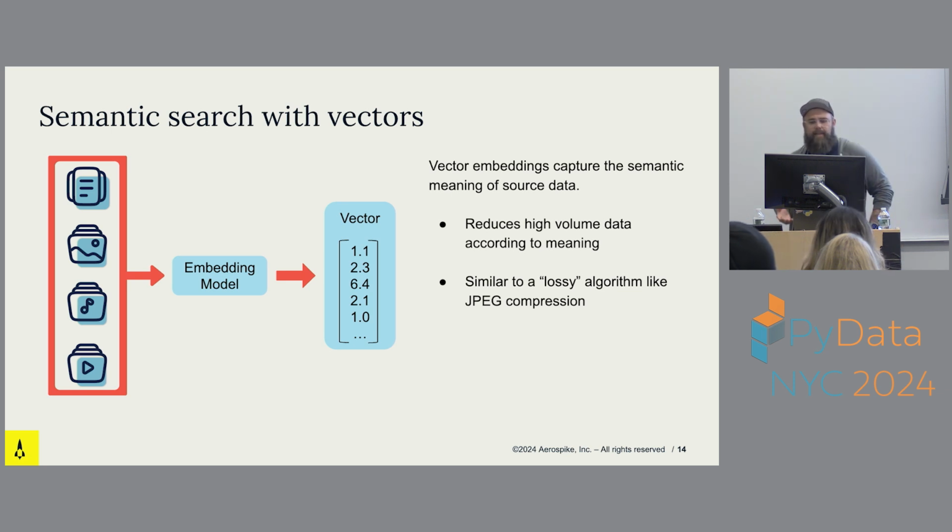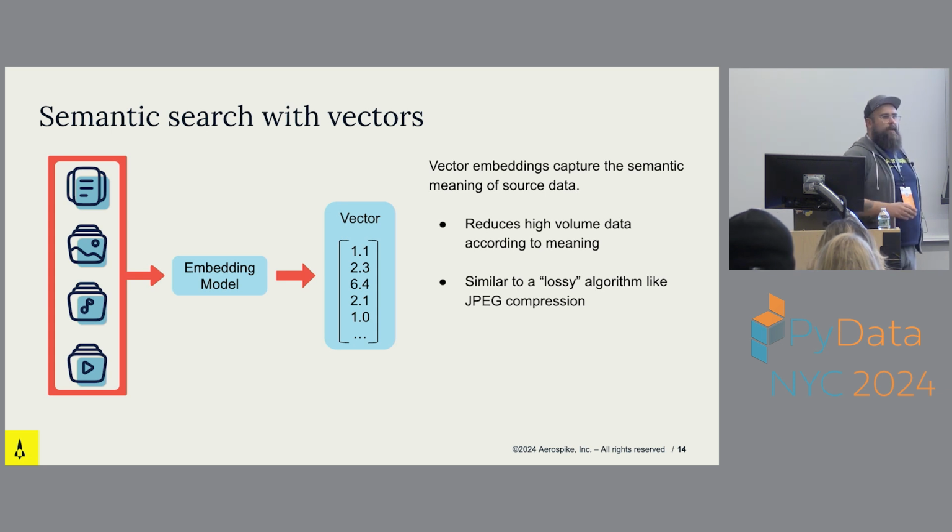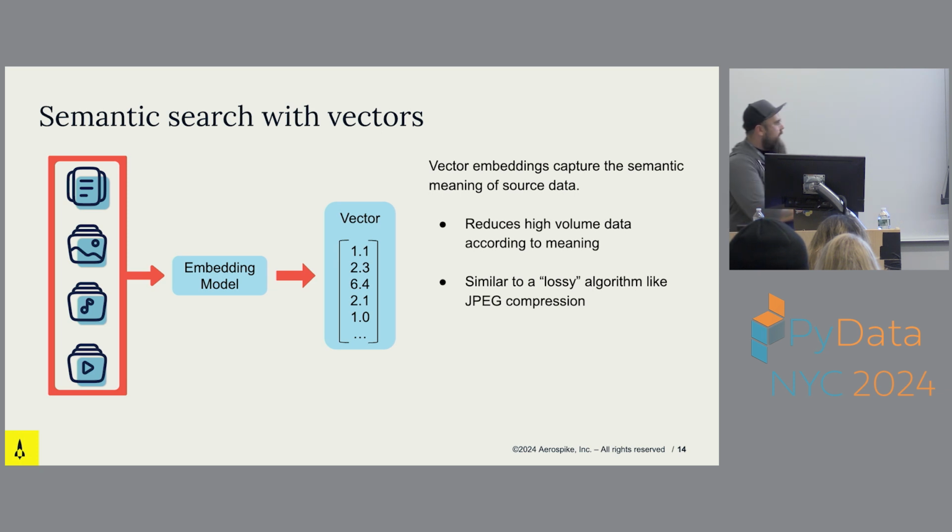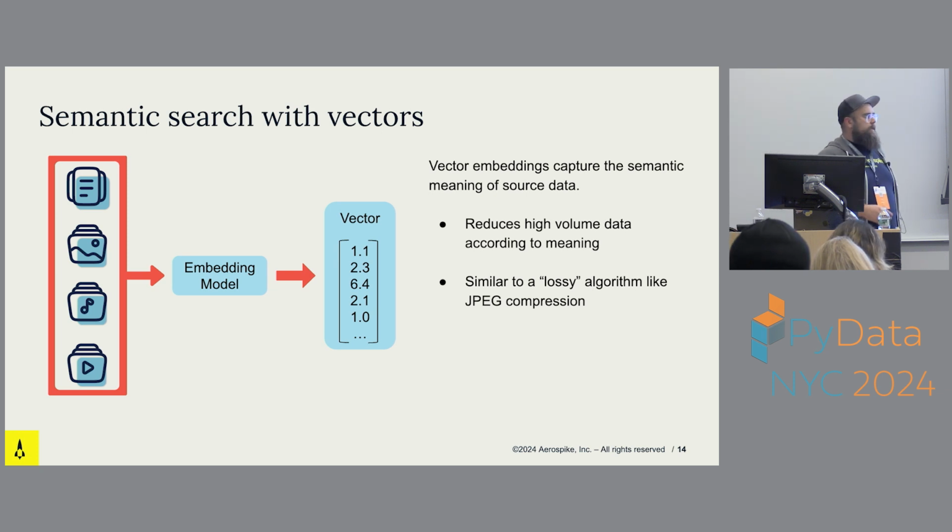These capture the semantic meaning of source data. Like I said earlier, we're going to talk text here, but right before this, somebody was doing a RAG demo talk on video, right? So text, video, images, music, any kind of unstructured data, or really just data, we can pass through what's called an embedding model. These are just different models.